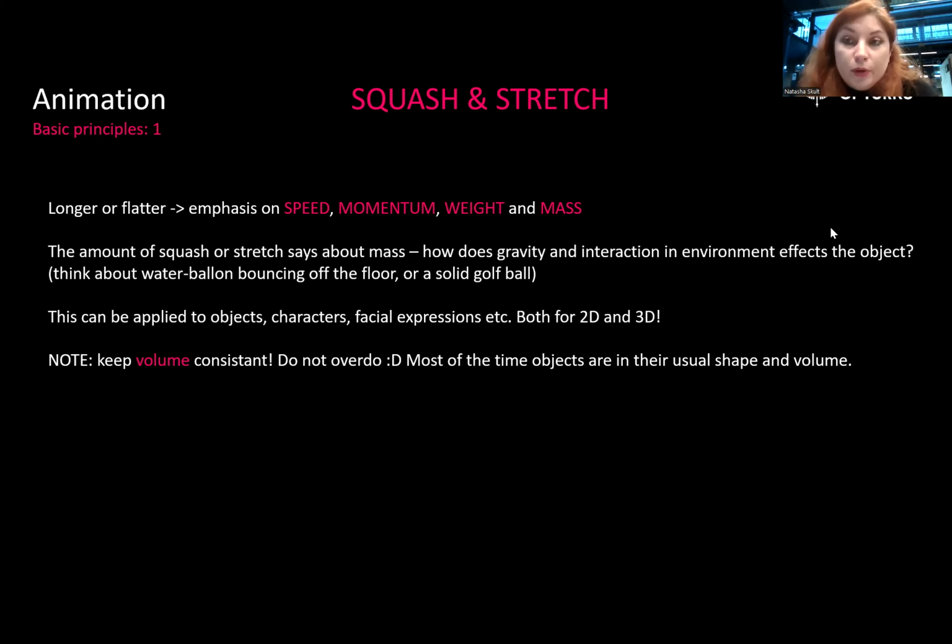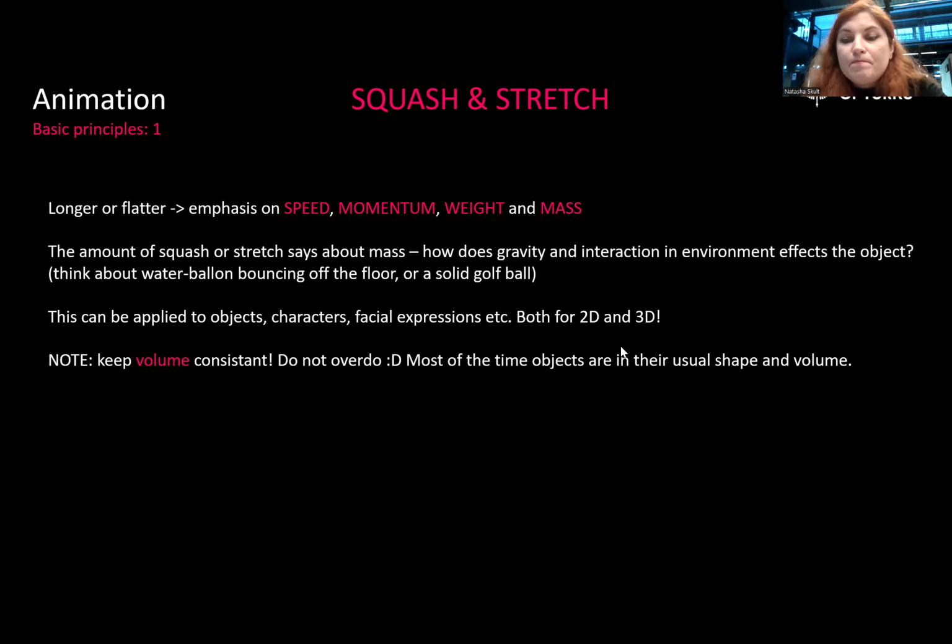And one really important thing to make it believable is keeping the volume consistent. So shape and volume should be consistent. Don't overdo it. In certain situations you have to exaggerate, but that is a situation where exaggeration is necessary, and we still try to keep it within limits.